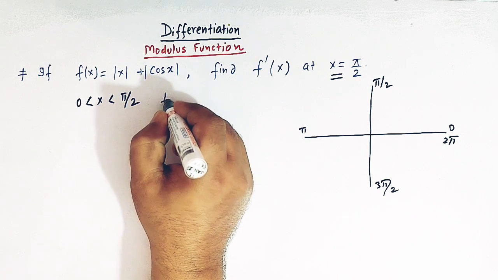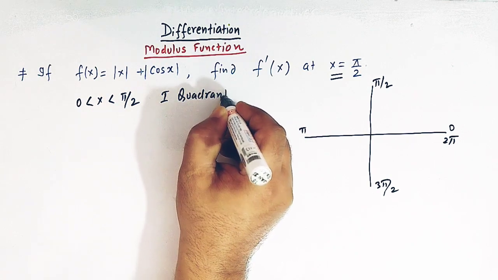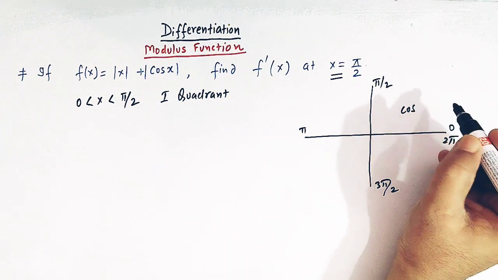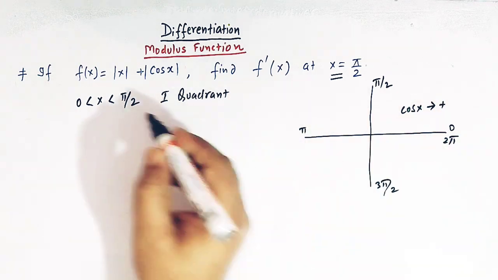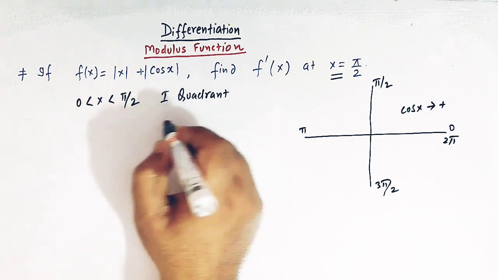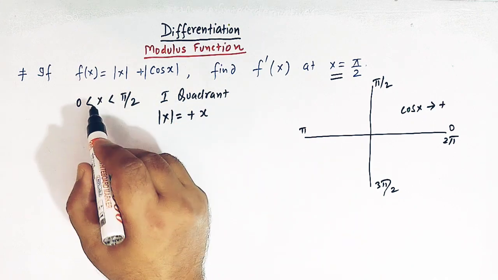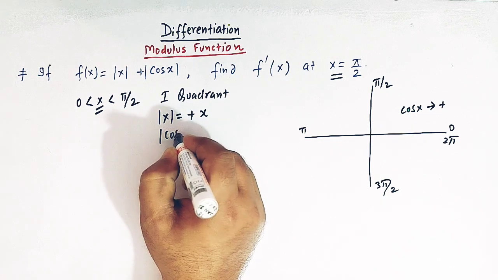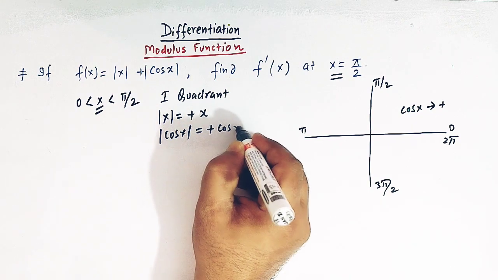So we are in the first quadrant, and in the first quadrant all the trigonometric functions are positive, so cos x is also positive. So when x lies between 0 and pi by 2, mod of x is simply equal to positive x, because all the x are positive, and mod of cos x is positive cos x.